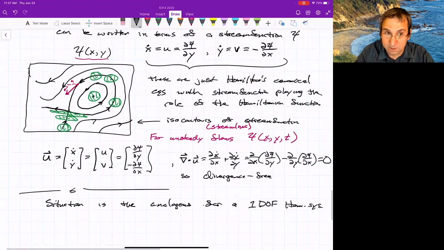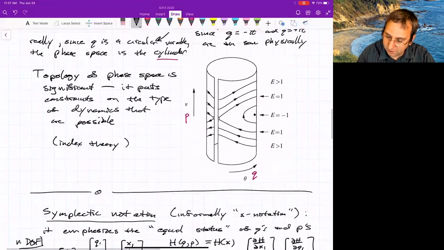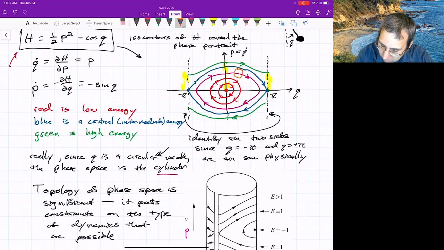If I were to, I'm going to sneak up here and show the pendulum, right? If I start with some blob of initial conditions, it's as if I just dropped some dye into a fluid, but the fluid looks like this.